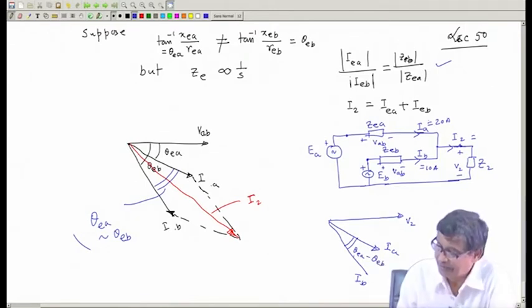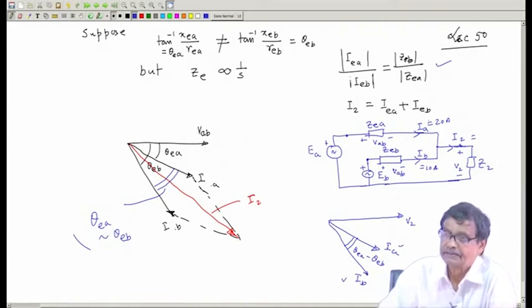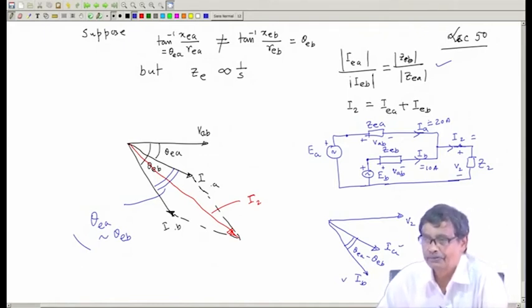Therefore, you can easily see the power factor at which this transformer and this transformer are operating is at different values.